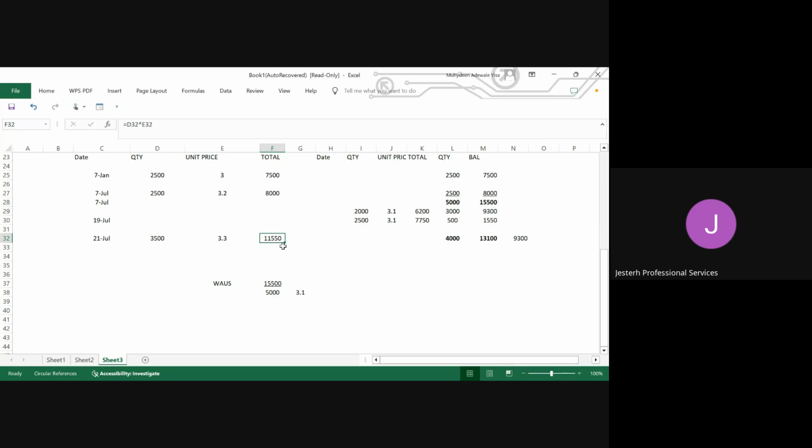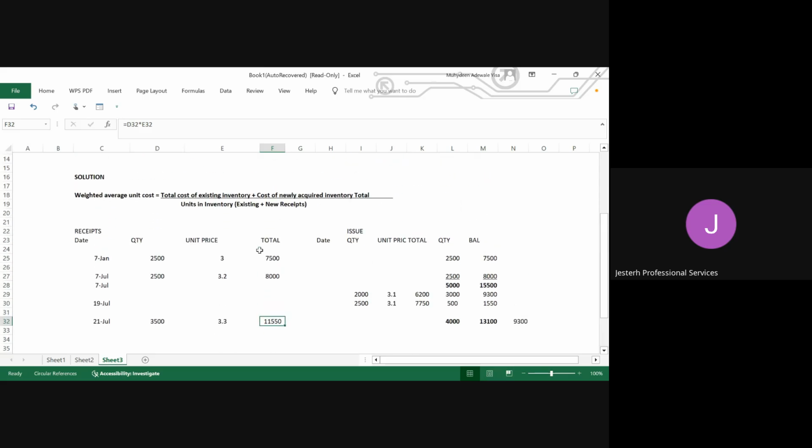Now, what are you going to do? The old one with the new one, you add them together. But whenever you want to issue out, that is when this weighted average approach comes in.